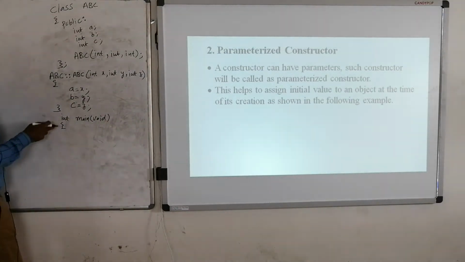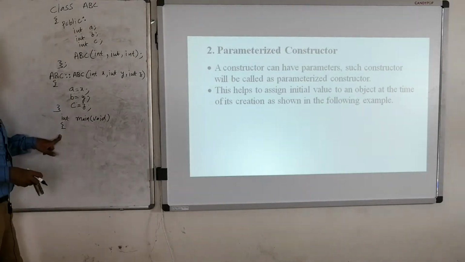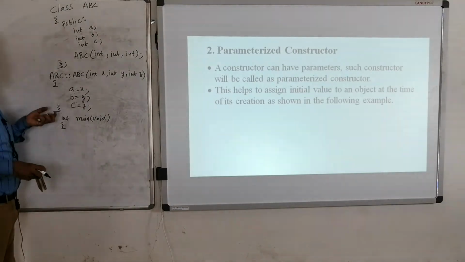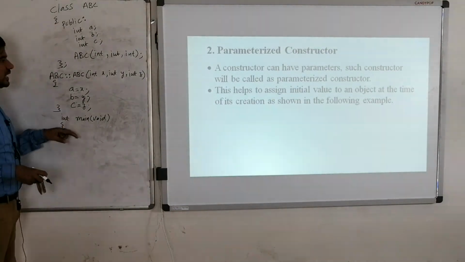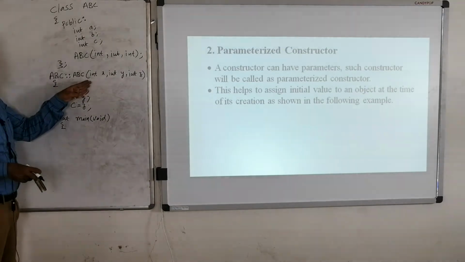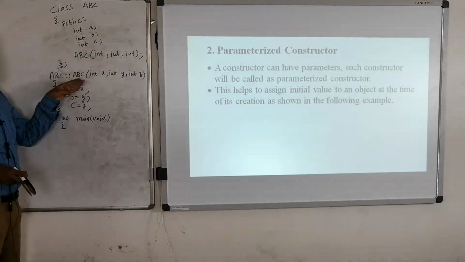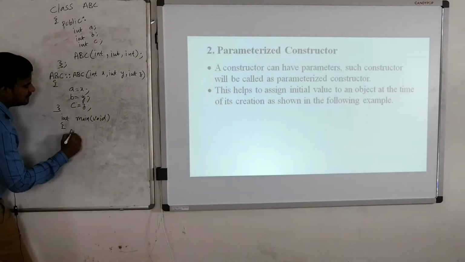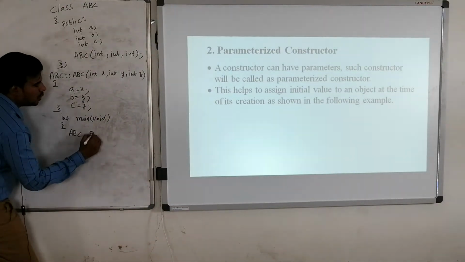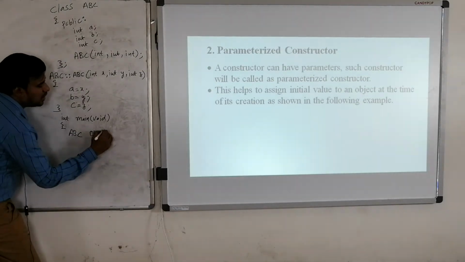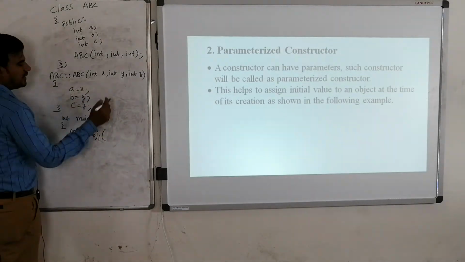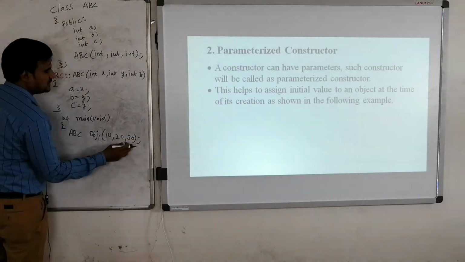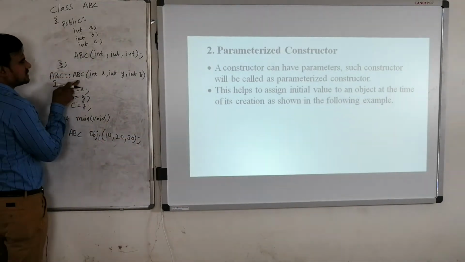Next is int main of void, and in it, whenever I create multiple objects, at the time of object creation I have to pass the parameters, so that those parameters get copied into the parameters of the constructor. Let us assume I am creating the object of my ABC class, ABC obj1 of 10, 20, 30. These three are the parameters for this constructor call.